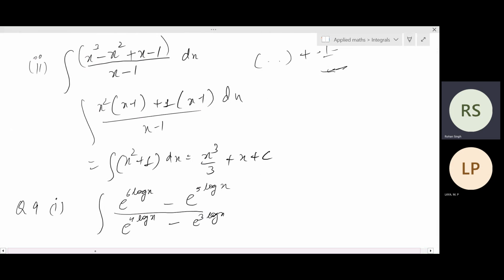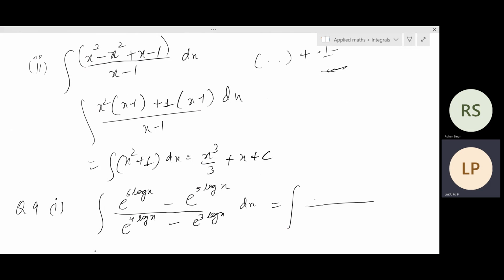Right. So after taking that and after removing e and log, what we will be getting? So we'll get x to the power 6 minus x to the power 5 divided by x to the power 4 minus x to the power 3.